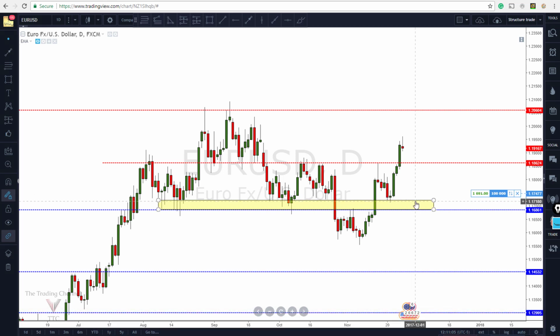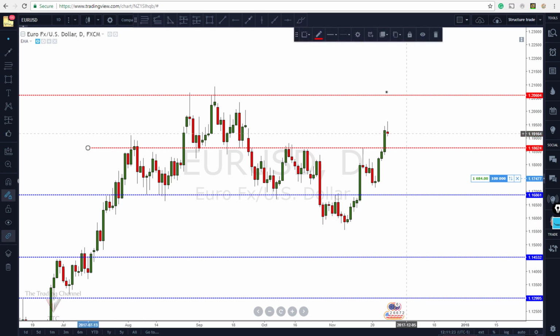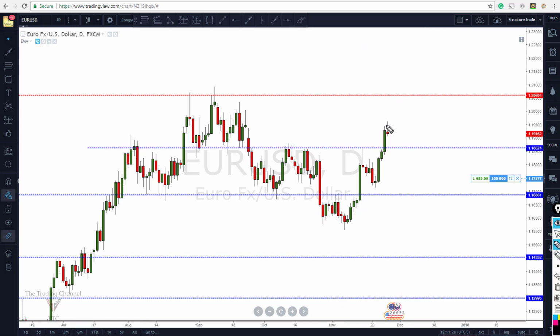Now what are we expecting next out of this pair? Well, the euro dollar has now broken above this previous level of structure resistance. What we can see out of this is a nice pullback followed by another move up. When we get that pullback, where is it likely to come into? Well, this area that was resistance is now going to have to be changed into support. So this pullback could quite possibly pull back into the 1.1862 level.